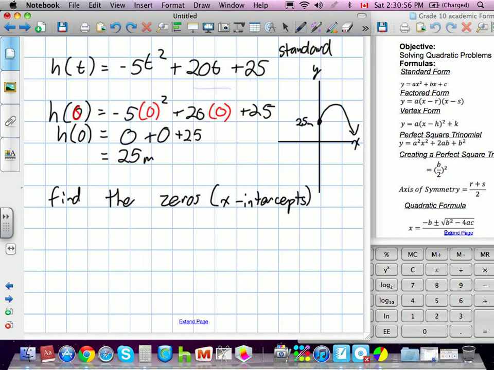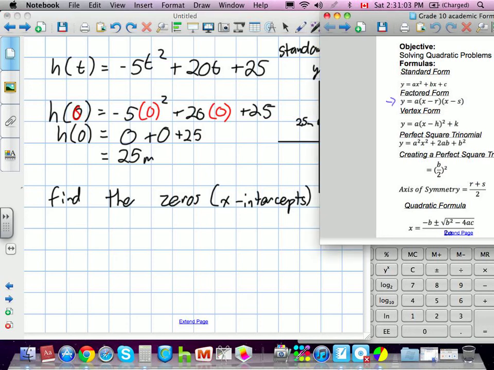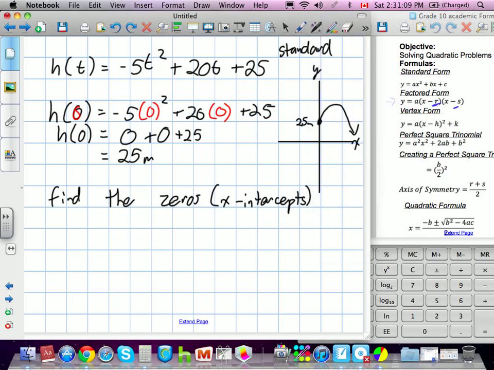So we'll take our equation, height, negative 5t squared plus 20t plus 25. Now, when factoring, what's the first step to factoring these? The first step is... yeah, very good.